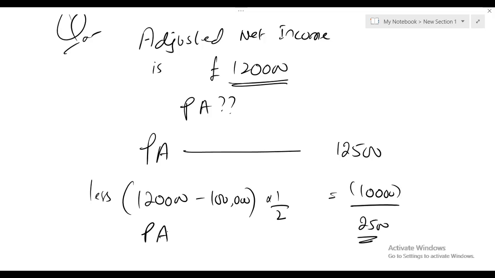As I told you before, the objective of introducing this concept is that personal allowance is going to reduce only for those individuals who have got deep pockets. Only for those individuals who are richies. They should not get the benefit from personal allowance. So whoever is having adjusted net income more than 1 lakh, personal allowance starts reducing for those individuals. Okay.